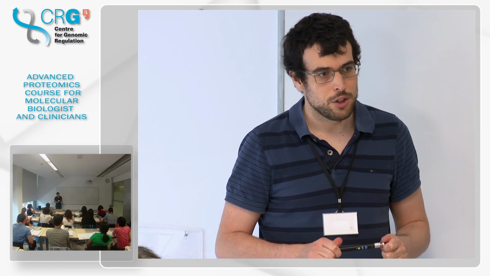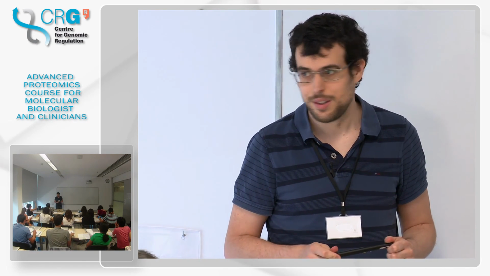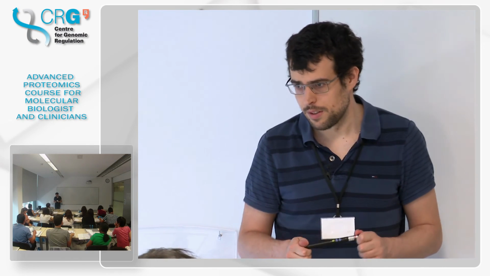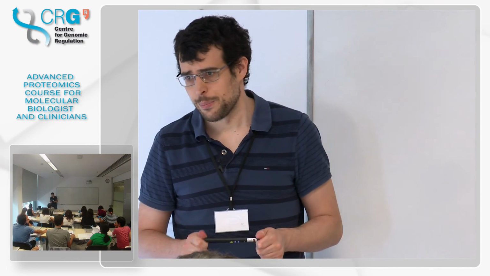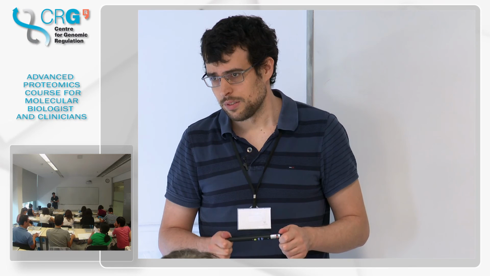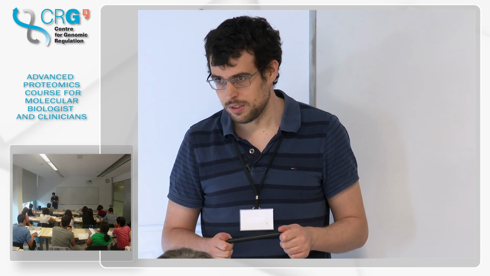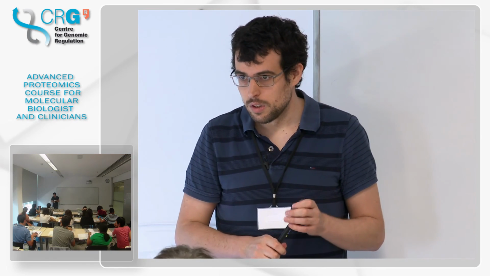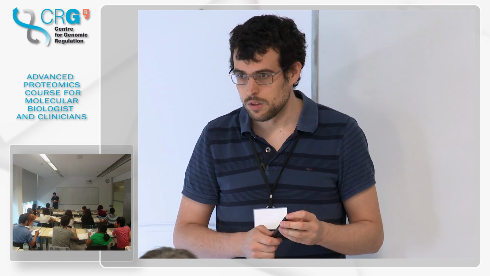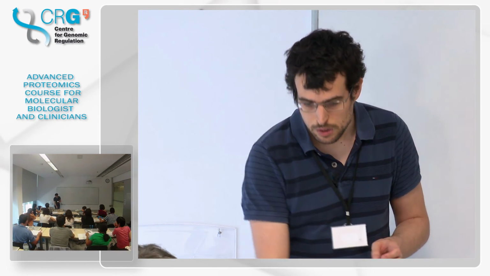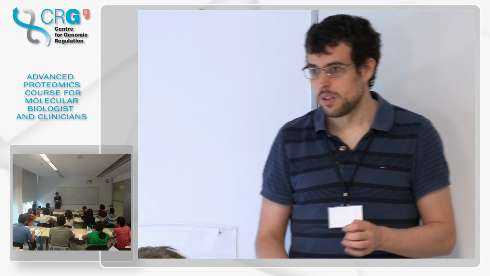So are there any open questions? One difference between the collision induced and the electron induced fragmentation is that with one you can break phosphorylated peptides, for example, and with the other not.